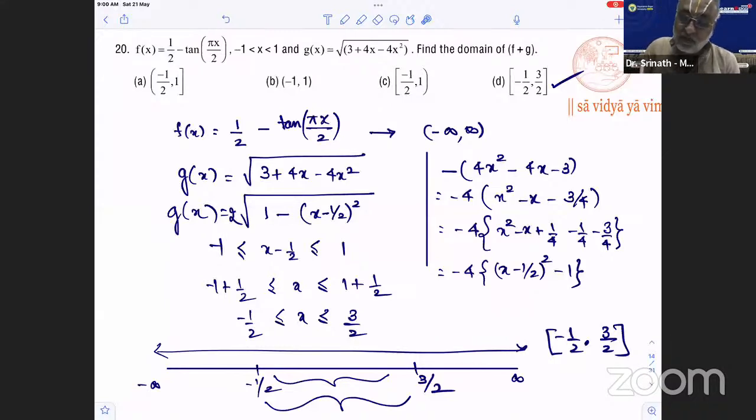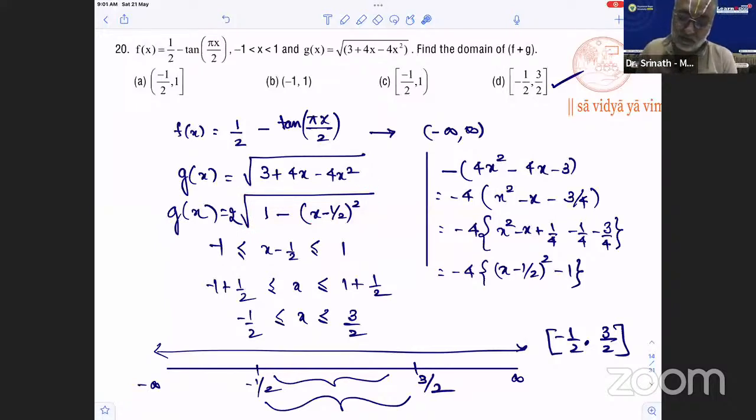So what we want is that x minus half whole square should be less than 1. If x minus half whole square is less than 1, then x minus half must lie between minus 1 and plus 1. Then only this 1 minus x minus half whole square will become non-negative.